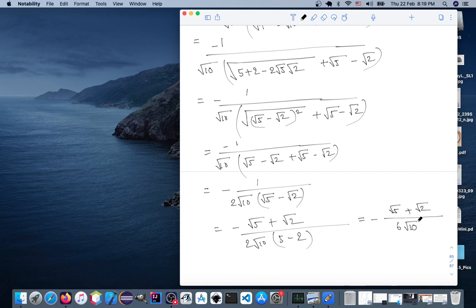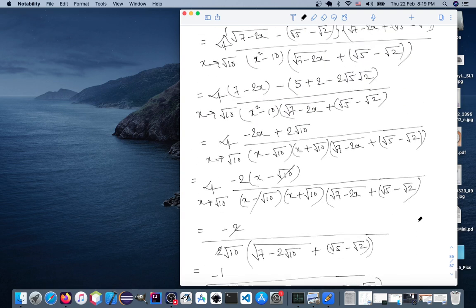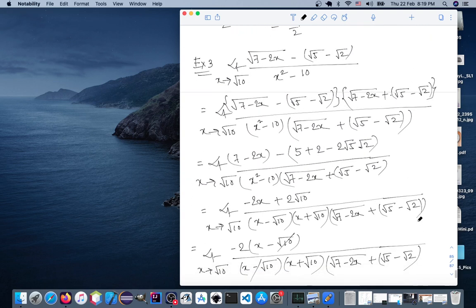Let me see this. We are having a minus. Why are we having minus? 7 minus 2x. When we rationalize the numerator, we are getting 7 minus 2x minus, what do we get? 7 minus root x, and then root 5 minus root 2 whole square minus this.